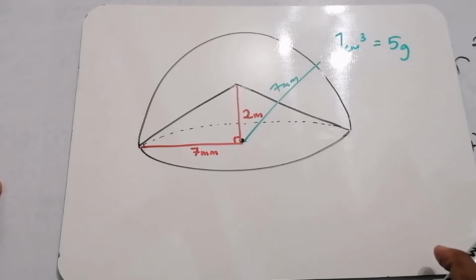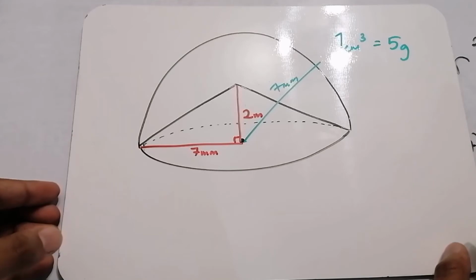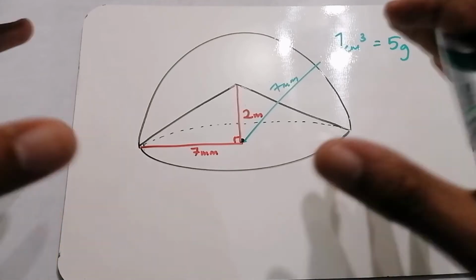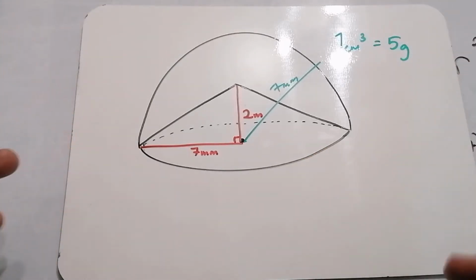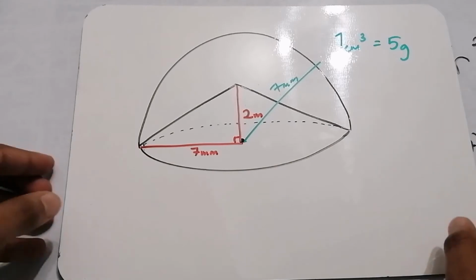Okay, now we need to work out the volume for this rubber substance. And so to do that, we need to first work out the volume of the hemisphere and then minus the volume of the cone. Okay.